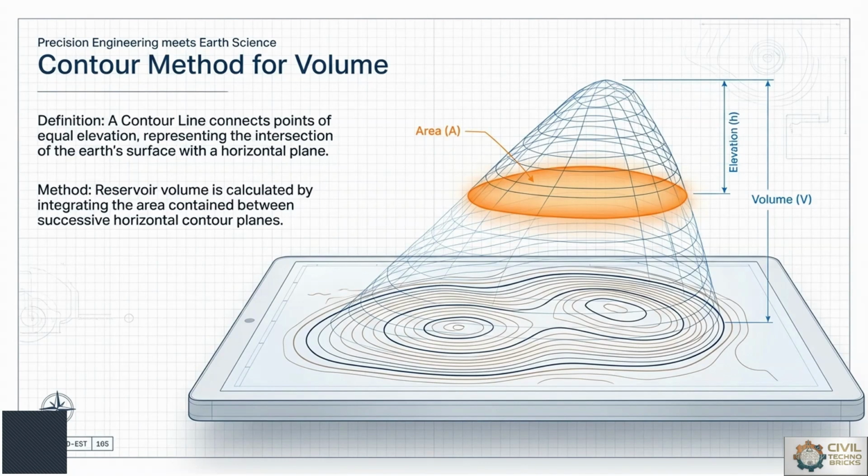So transitioning from manual surveying to remote sensing allows for the high precision creation of digital elevation models. These digital models facilitate the successive horizontal contour planes, which are shown on the slide, enabling continuous monitoring of reservoir or dam capacity without physical drainage.